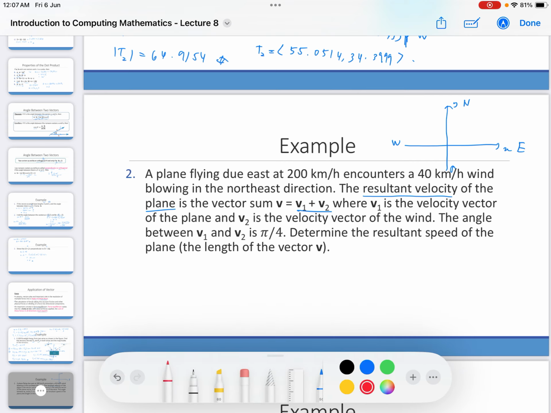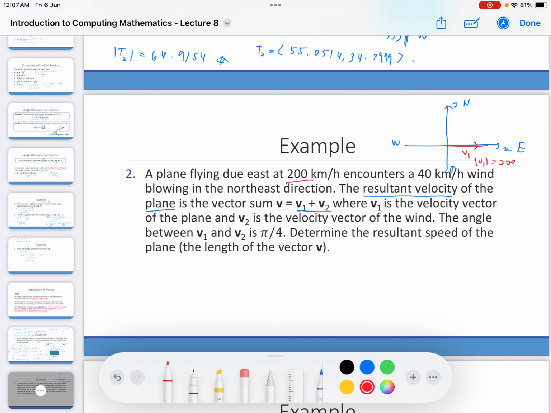Let's say this one is the plane. The velocity vector of the plane is this direction, so let's say this one is v1. The speed is 200 km per hour, so that means the norm of v1 is equal to 200.